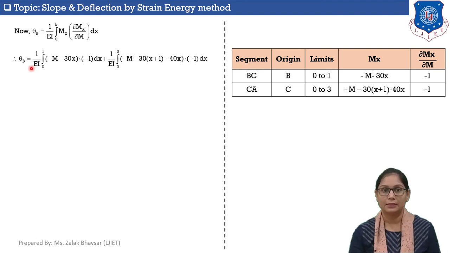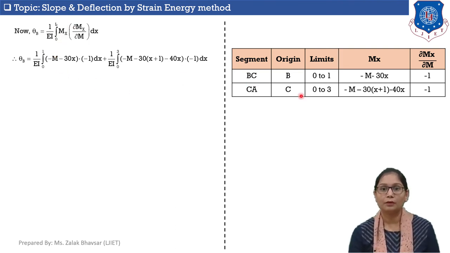So, theta B for segment BC is equal to 1 upon EI integration of, now here in segment BC, Mx is minus M minus 30 into x. So here I mention Mx into del Mx by del m in segment BC is minus 1, so I put minus 1 into dx. The limit for segment BC is 0 to 1.